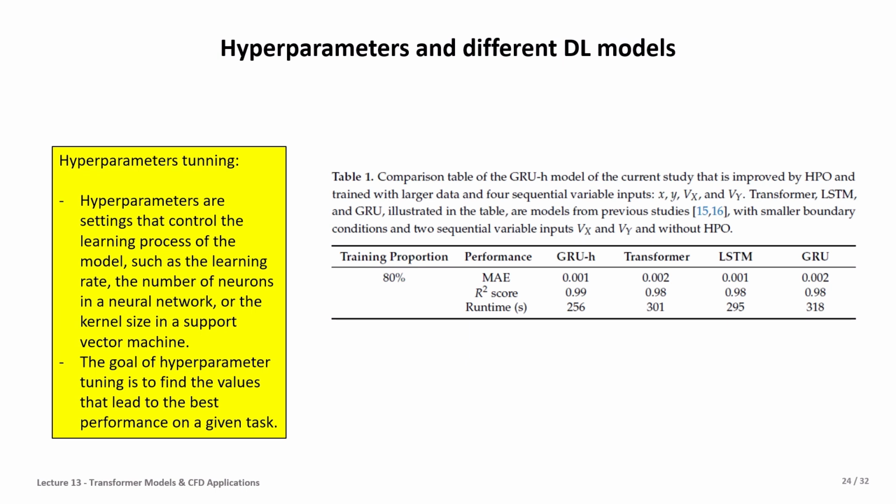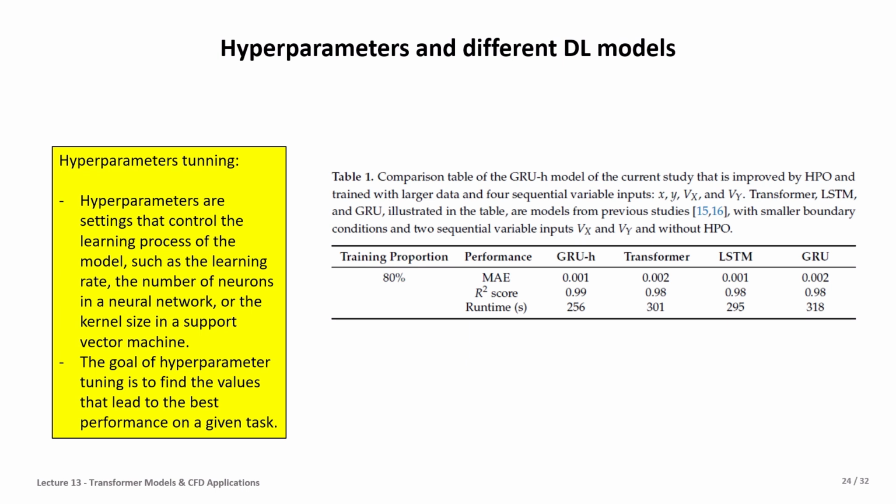Here, I want to mention how important the hyperparameter optimization is. For example, in the studies that I presented here, we had the LSTM, GRU, and the transformer. You can see in this table the mean absolute error, R2 score, and runtime for these different models.